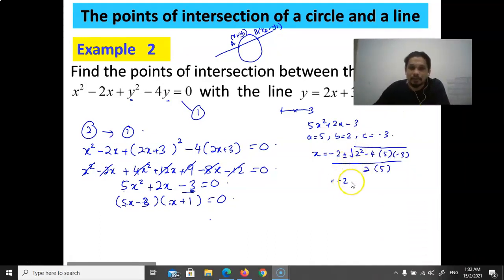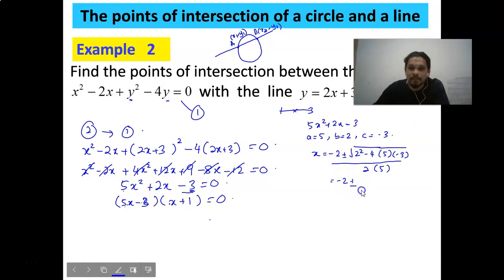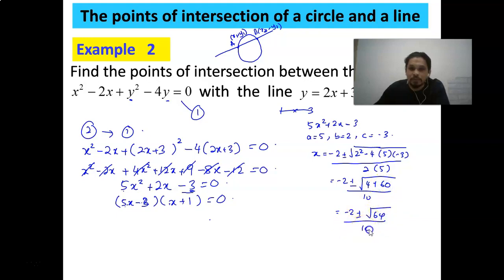Okay, -2 plus minus square root of 2 squared equal to 4, negative times negative, positive, 4 times 5 equal to 20, 20 times 3 equal to 60, divided by 2 times 5 equal to 10. So then -2 plus minus square root of 60 plus 4 equal to 64, divided by 10.